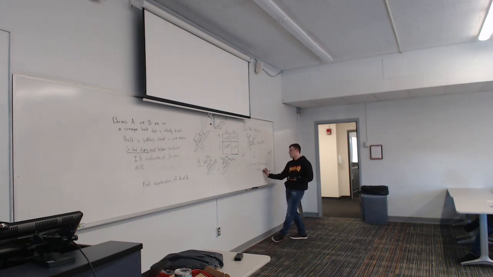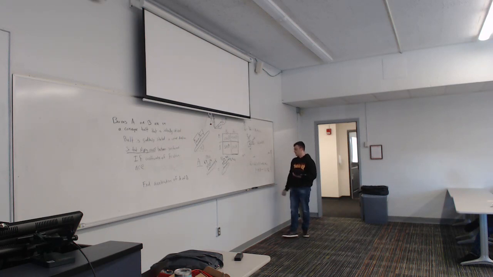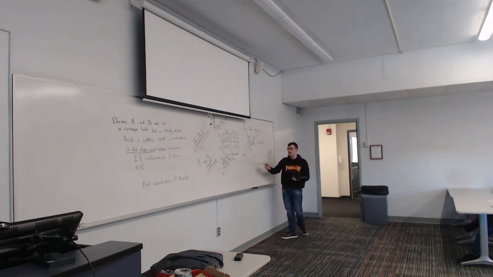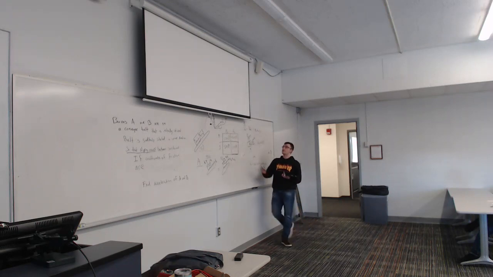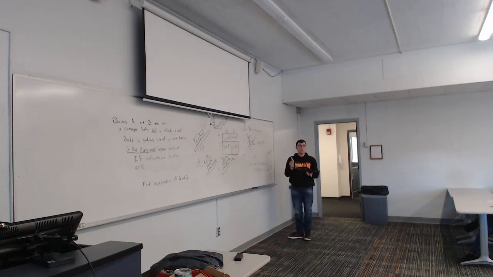So for our problem, this means the frictional force of A is equal to the kinetic coefficient of friction, which is given, times the normal force of A. Looking at this equation now, we don't know the frictional force of A, but that's okay because that's what we're trying to solve for. However, we also do not know the normal force of A. So I found out everything I can about summing the forces in the e_x direction. I need to now look in the e_y direction.